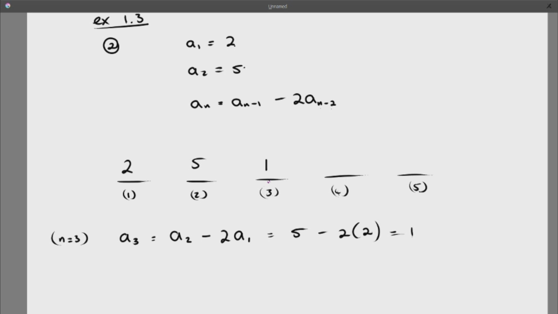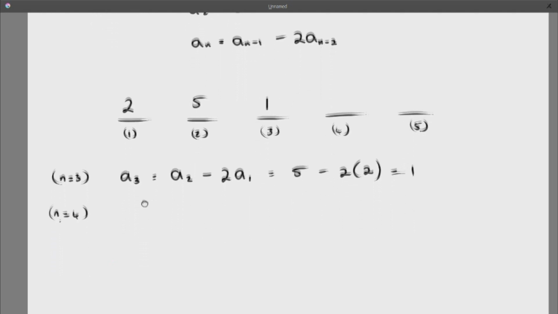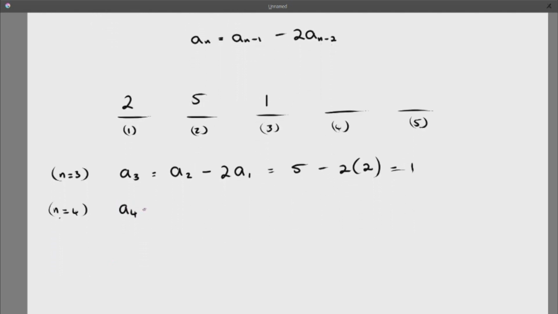Where's 2a from? That is in the formula. And the 2 times whatever this number is. That's the formula telling me that. Right? Yeah. And then A1 happens to be a 2 as well in this case. But probably not in the next one. If I now want the 4th position, I set n equal to 4 to find A4.